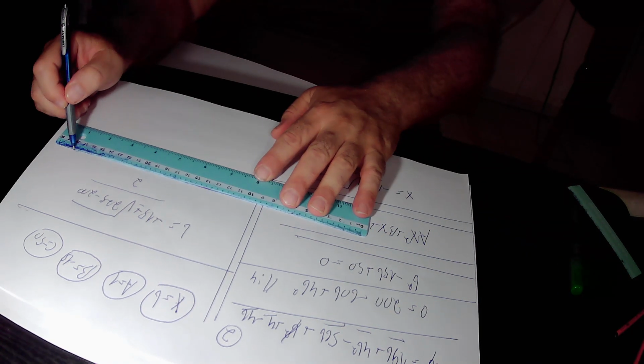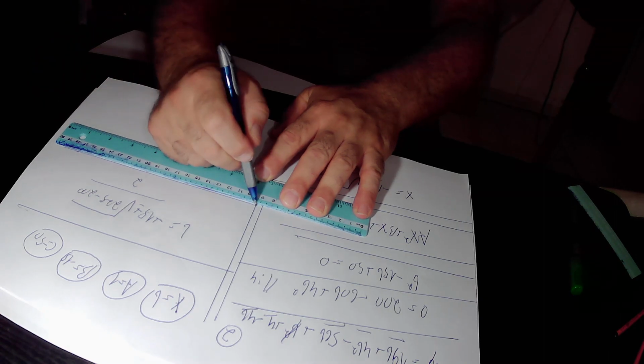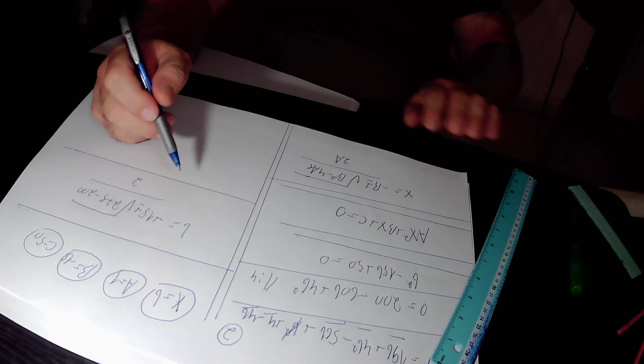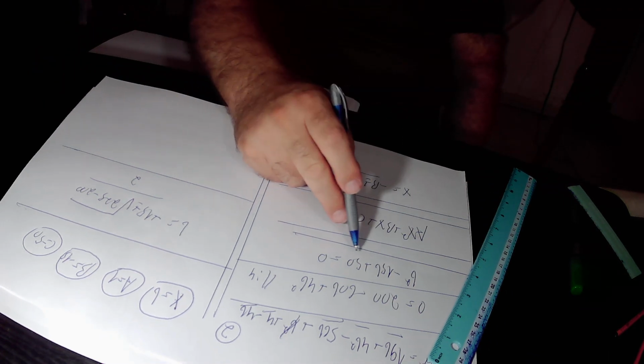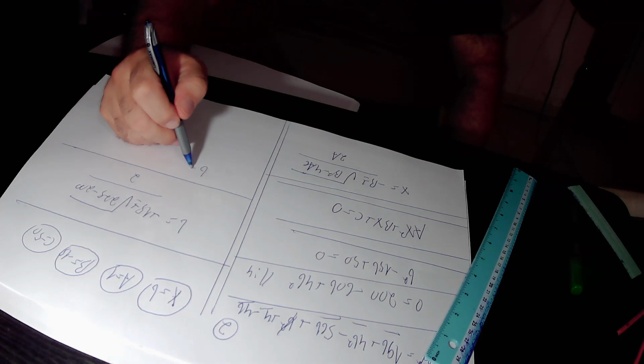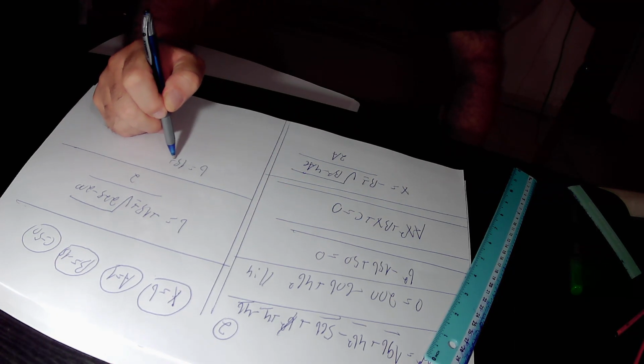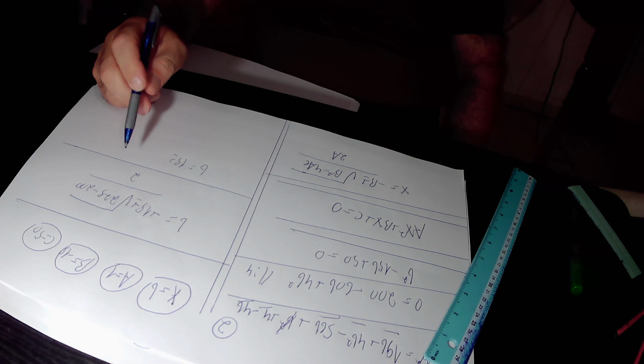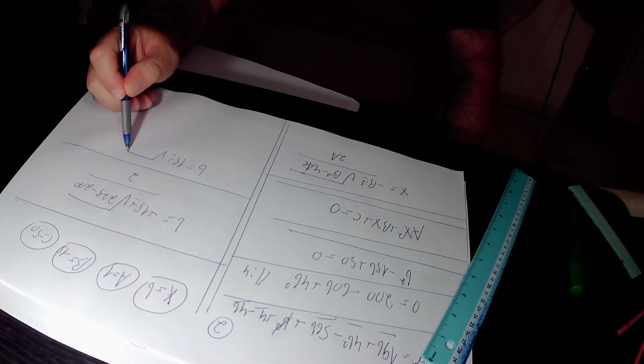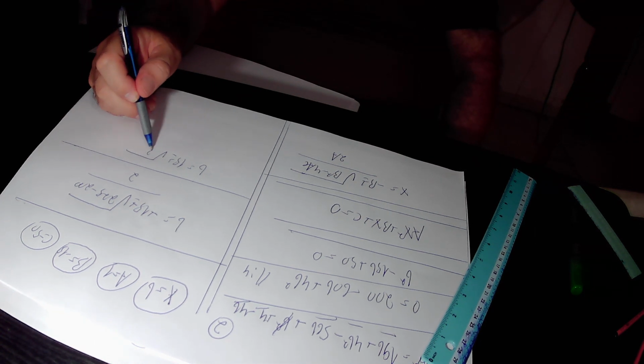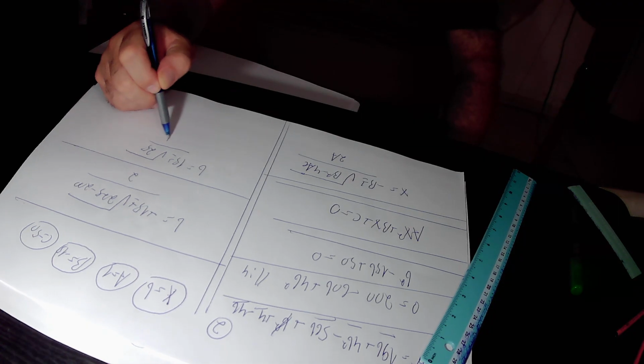So in total we found out that the variable that we're looking for, small b, is equal to 15 plus minus the square root of 225 minus 200, that is 25, divided by 2.